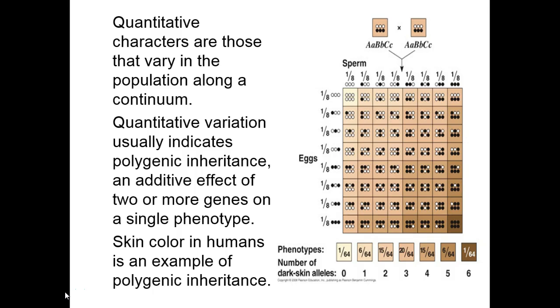You have 20 over 64 right there in the middle. So this is quantitative variation, usually with additive effects when you have more than one allele dictating a phenotype. That's a genetic allele dictating what you look like, your phenotype.